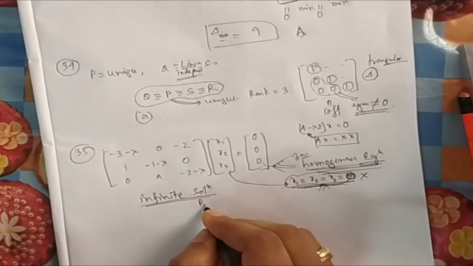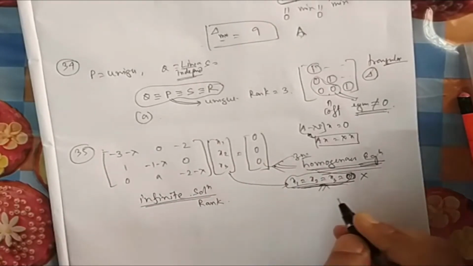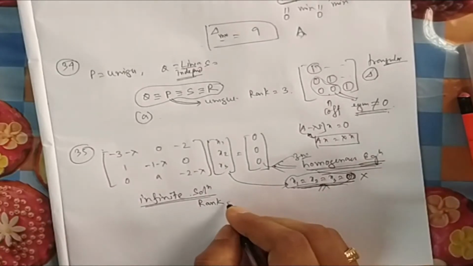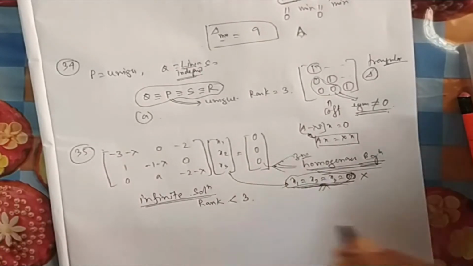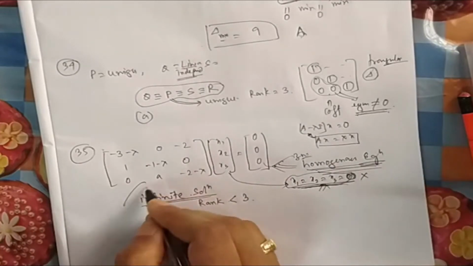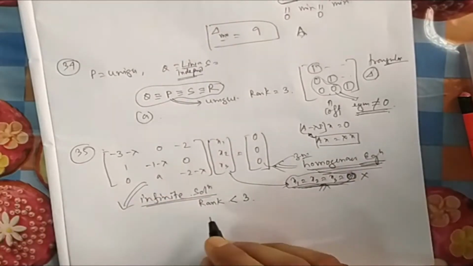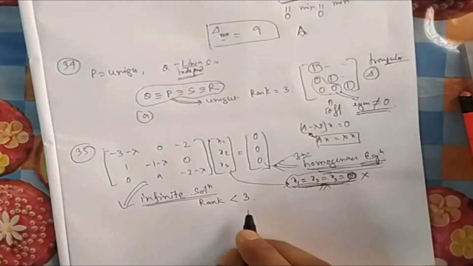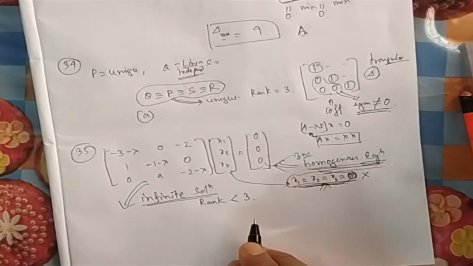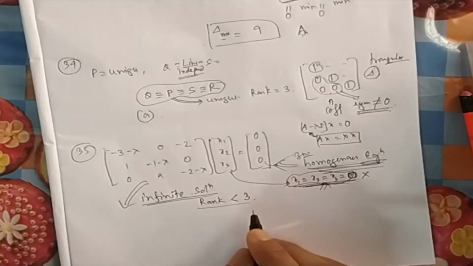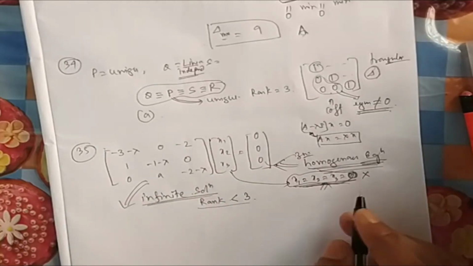For infinite solutions, in terms of rank, the rank should be less than the number of unknowns, less than 3. So you can try to find the rank of this. I will explain another method, checking determinants, after doing this one, because I have already explained the rank method earlier. So I will explain the rank one only.